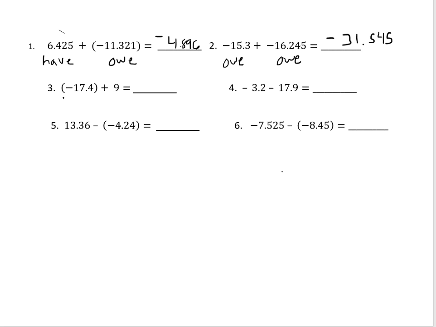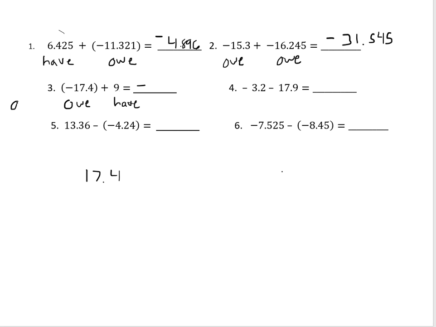Okay, so on this one, our owing amount is bigger than our having amount, which means that when we combine these, we're going to end up owing. Okay, and then to figure out how much, we have to take the 17.4 and we are going to subtract, again, this is a 4. Not a 9. Okay, 17.4. We're going to subtract the 9.